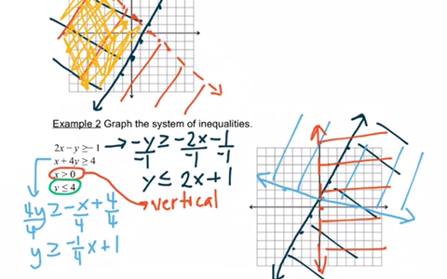The last inequality is y is less than or equal to 4. Anytime I have an inequality like that where it's y and then a number, that's a horizontal line. It's going through 4 on the y-axis.